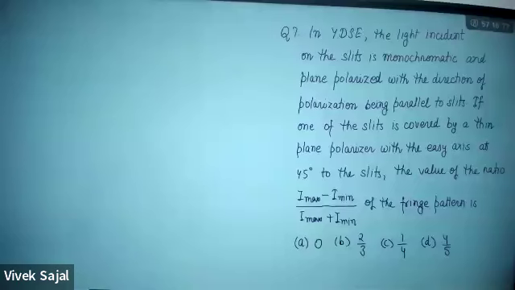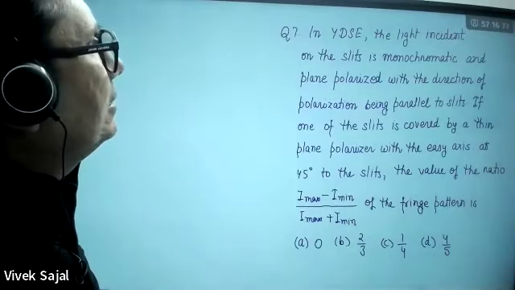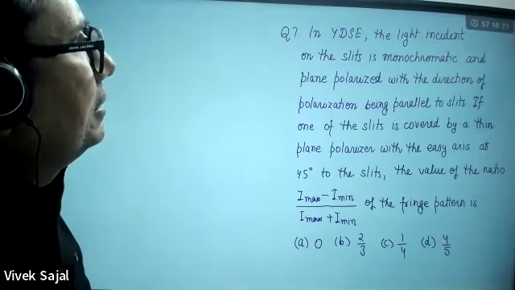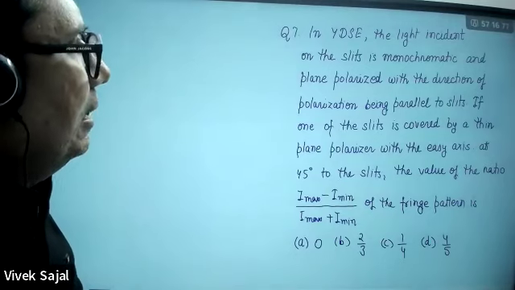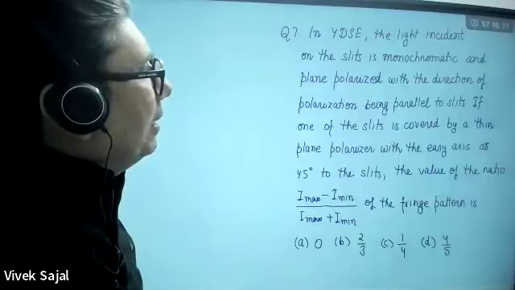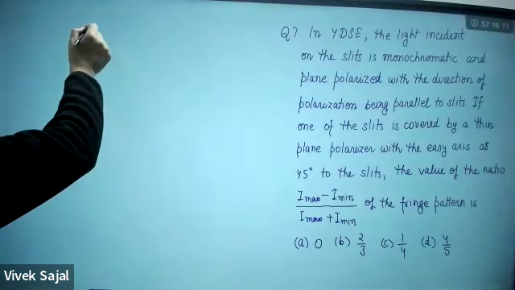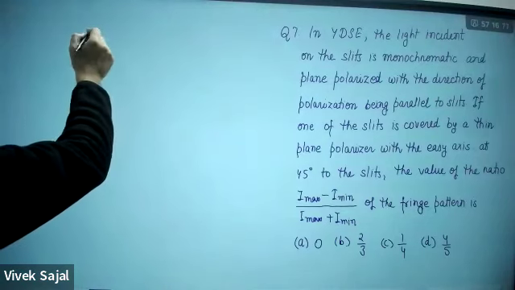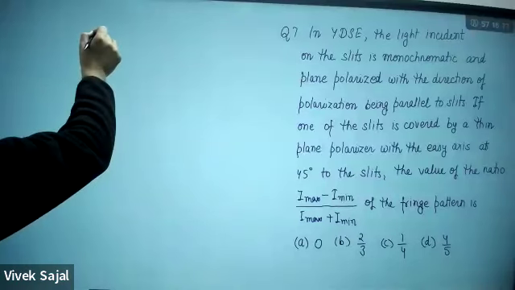Question number 7. So here, this is a very good question. In the YDSE experiment, the light incident on the slit is monochromatic and plane polarized, with the direction of polarization being parallel to the slit. So I'm making two slits here. This time I'm showing you the slit from the front side. This is one of the slits that I'm observing. Okay?